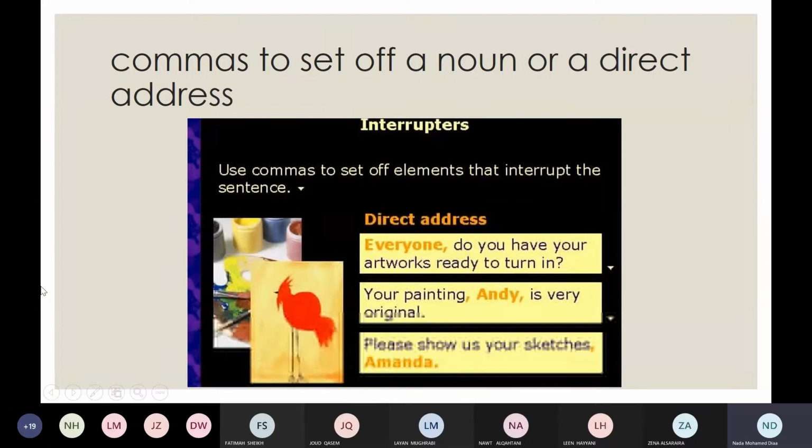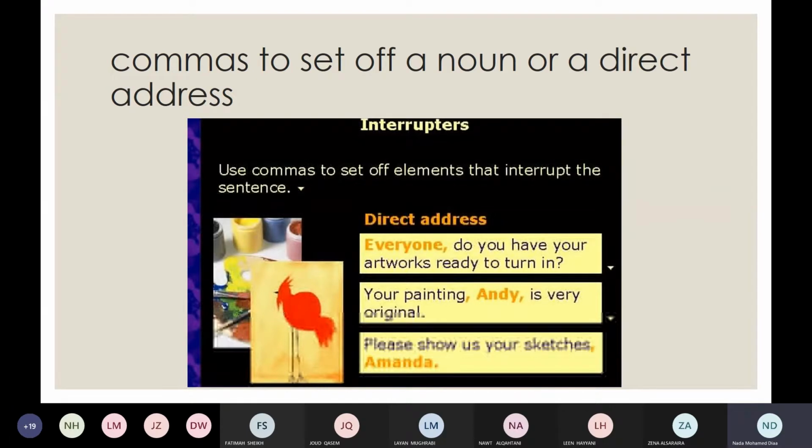Number 1, in a direct address. What is direct address? When I call him directly. Your painting, Andy, is very original. I can eliminate Andy. I can say your painting is very original. Please show your sketch, comma, Amanda. Teacher, Amanda is one comma only. Where is the second? I cannot end the sentence with a comma, so I end it with a dot.